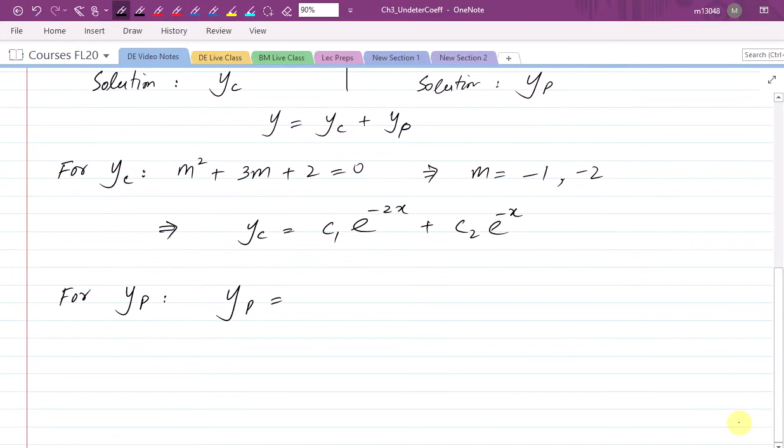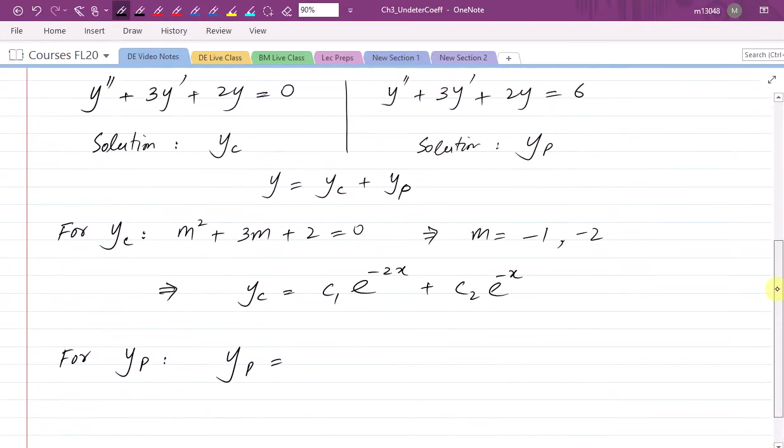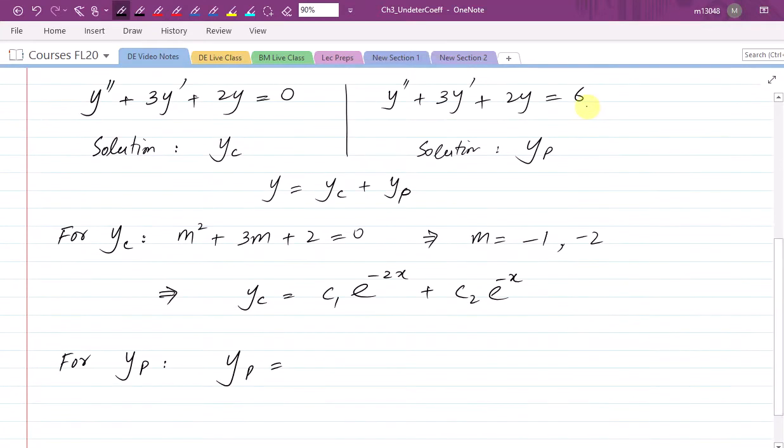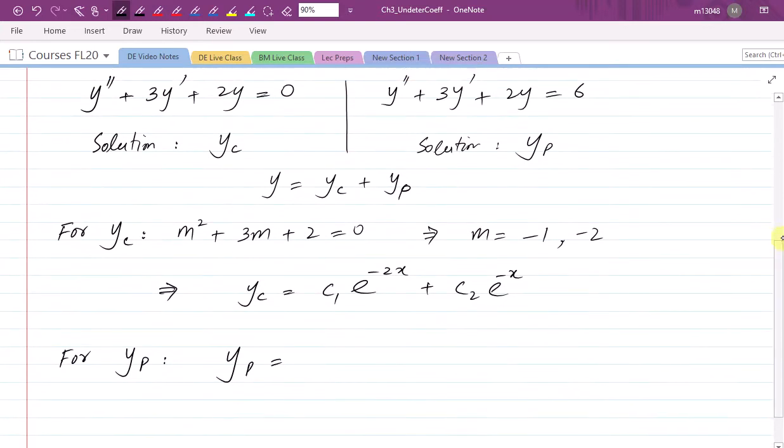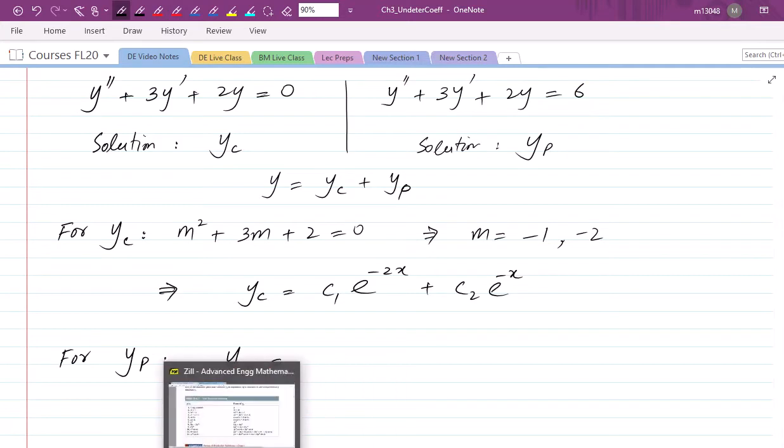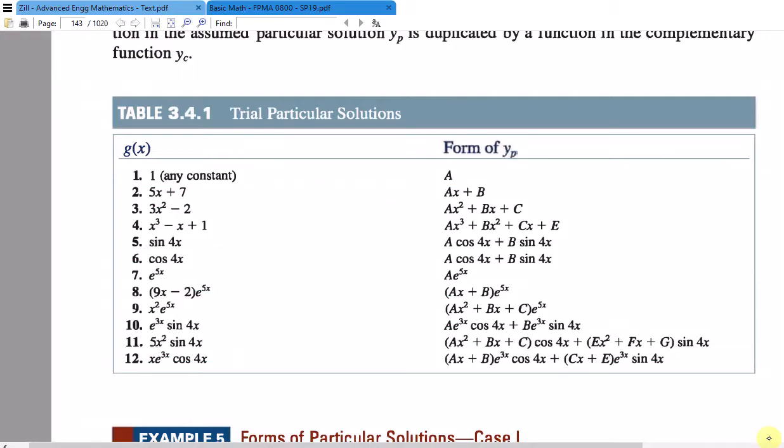There are some standard hints in literature that will work for us, and they depend on g of x. So it depends on g of x what you should start for yp. Our g of x is constant, so we can look at the list. Let me copy the list into the notes for reference.